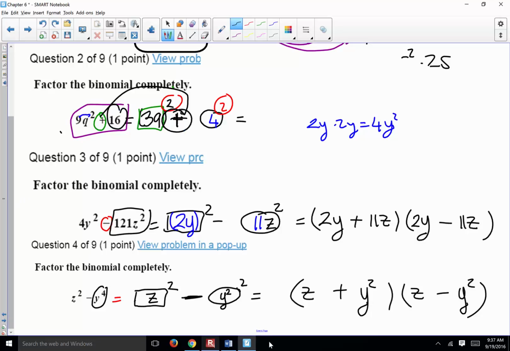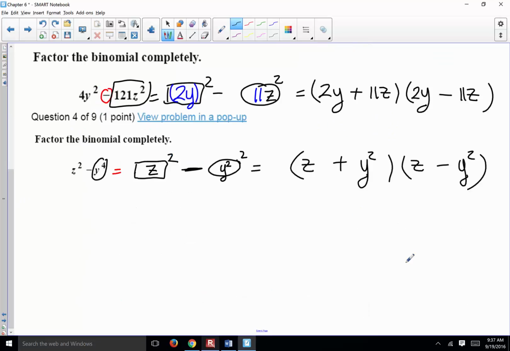Good question, actually. Always ask, can I break things further down? For example, can you break this further? Because it looks like this is a square. This is z only. I wish this was also square. Then you could break this into two more parentheses if this was a square. Because you have a box squared, circle squared, you can put this into box plus circle, box minus circle again.